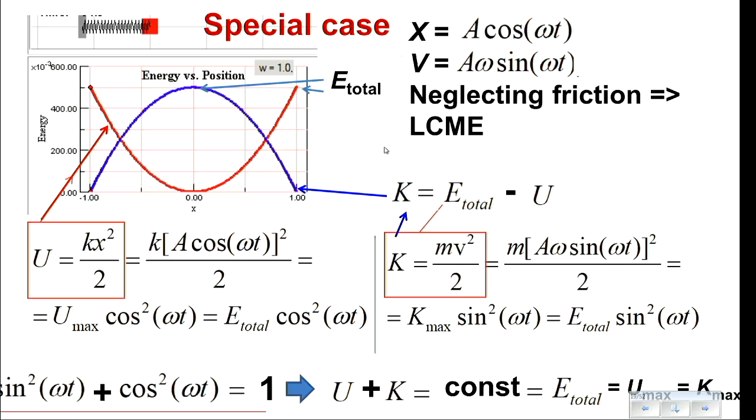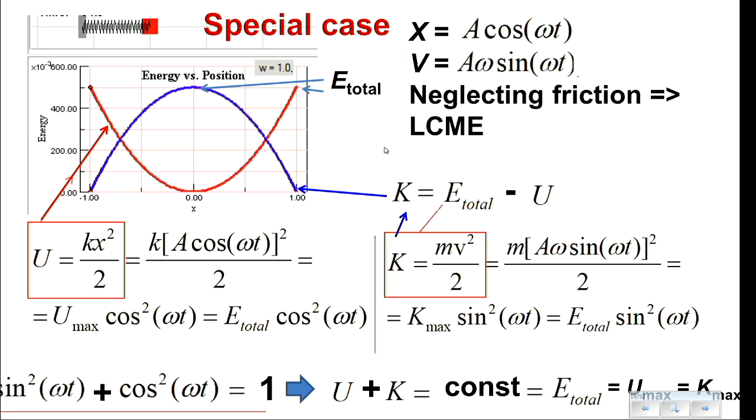So again, if we use our special case, if we calculate the expression for potential energy as a function of time, if we calculate the expression for kinetic energy as a function of time, this is cosine squared. That's exactly what we saw, 2 bumps up. This is sine squared, again, 2 bumps up. But if we add them up together, and we use a very fundamental expression, which is Pythagorean theorem, cosine squared plus sine squared always equals 1.